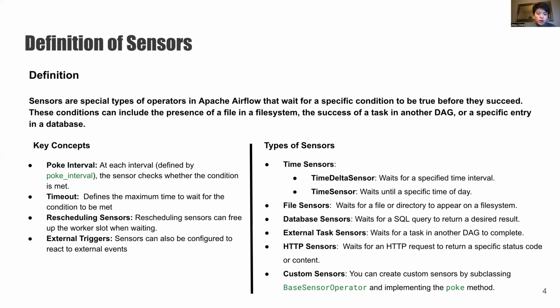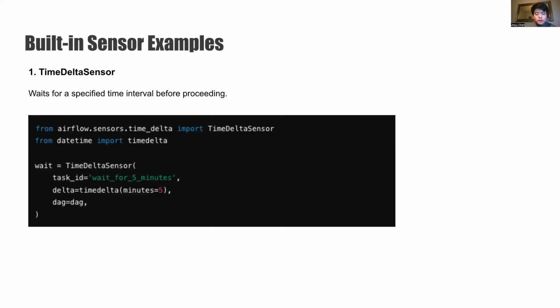Another topic is the types of sensors. Right now I just list some common sensors here: the time delta sensor, time sensor, file sensor, database sensor, external task sensor, HTTP sensor, and also custom sensors. In my slides, I'm going to provide what exactly each sensor does.